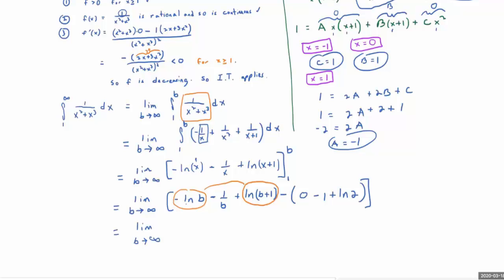So these two would be the natural log of b plus 1 over b. Does that look okay to you? Yeah. Okay. And then we have minus 1 over b, and then plus 1 minus natural log of 2.